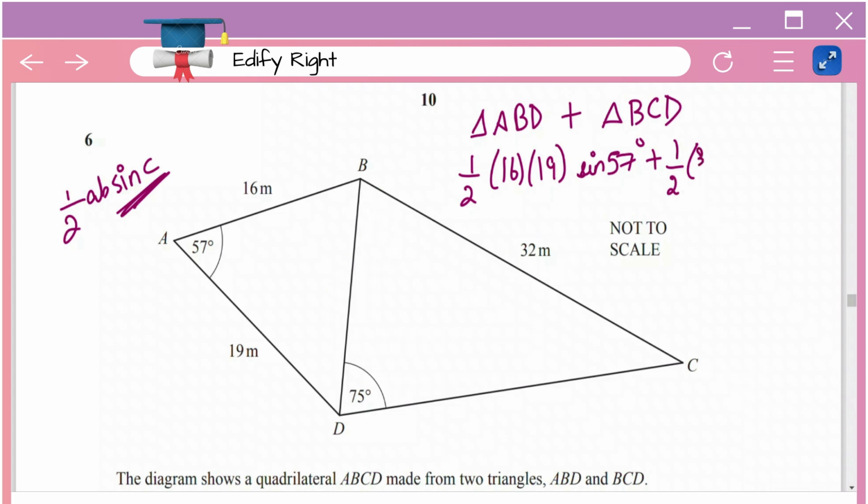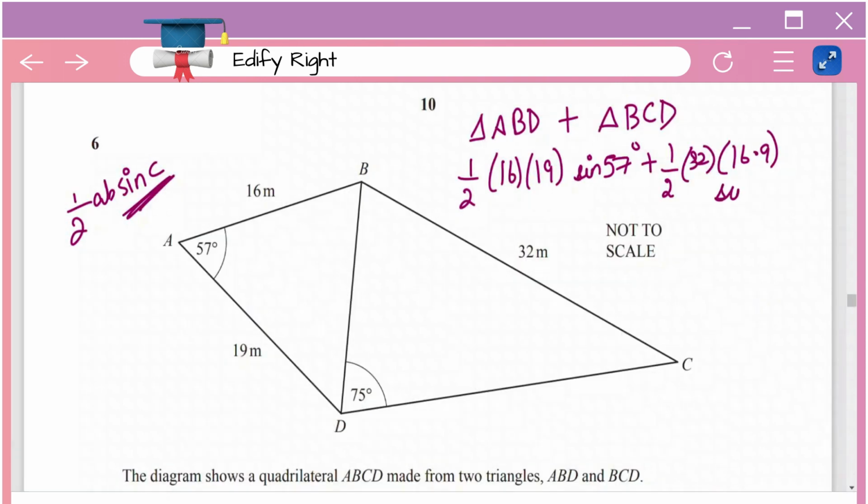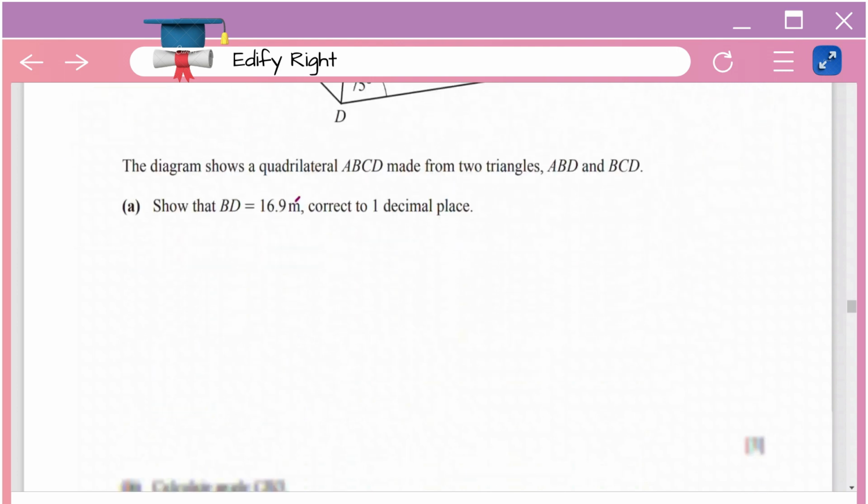So that would be half into 32 into 16.9, and the angle between them is sine of 74.3. We just found angle CBD in the previous part of the question, so that is 74.3. Now when you calculate this, you get 387.7 centimeters square. So that's the area of this entire quadrilateral, which I got by adding the area of the individual triangles.